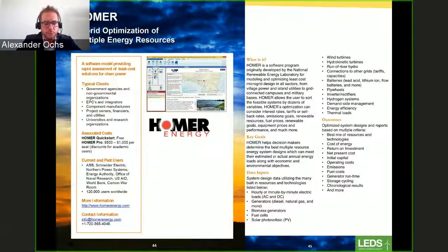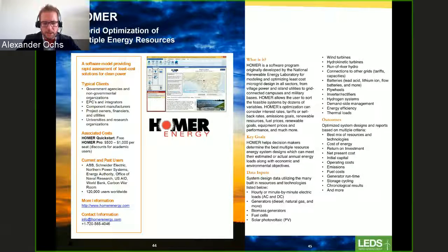So what is the cost and benefits of each and how do they play together in the grid? The goal is, of course, an energy system that can meet estimated or actual annual energy loads, along with economic and environmental constraints that you can take into account in this model.